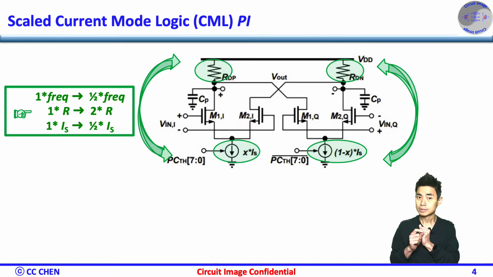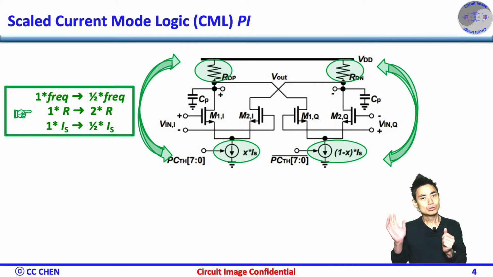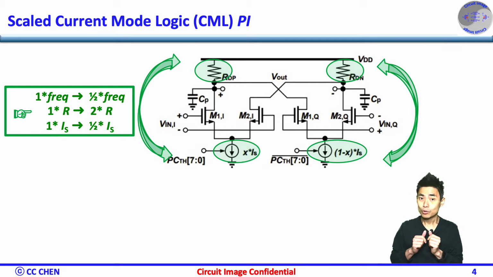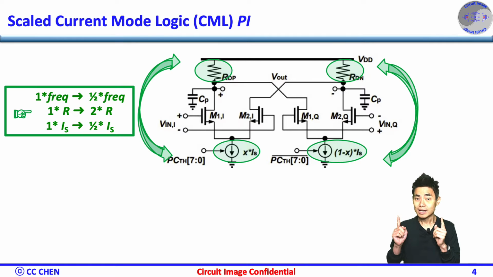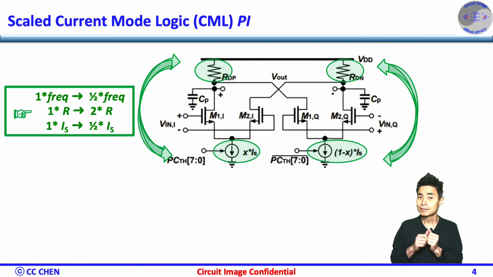In addition, if we don't scale the resistive load, the slew rate of the output waveform could be too fast to keep good linearity. So, to scale the resistive load to greater resistance and keep the proper operating point bias for those transistors, we must scale down the current as well.